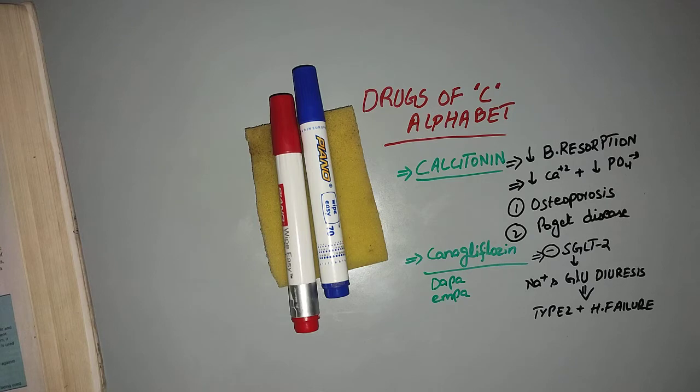Next comes captopril. So the third drug is captopril. Captopril is actually an antihypertensive drug which inhibits the ACE enzyme, angiotensin converting enzyme, and it is the prototype of angiotensin converting enzyme inhibitors, the representative drug of this antihypertensive class.